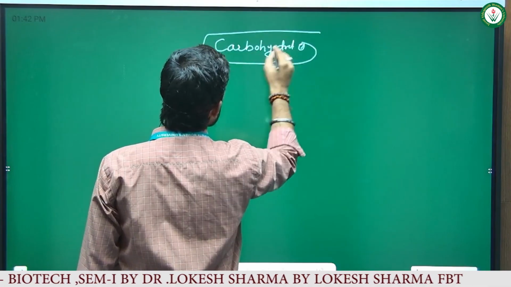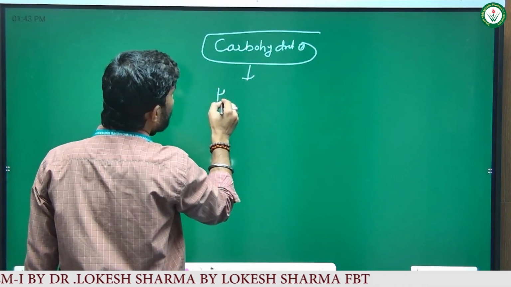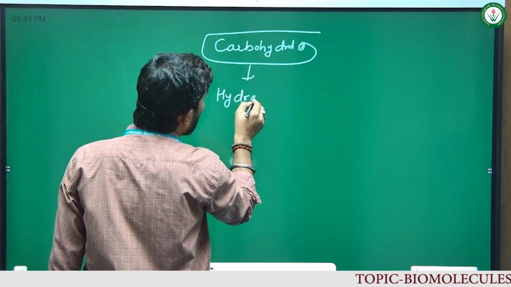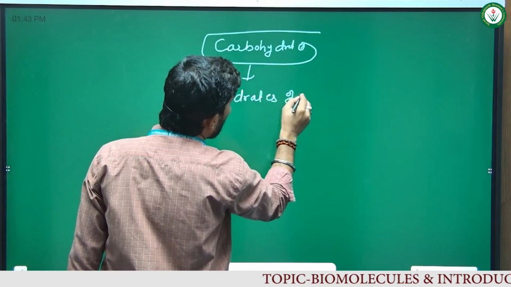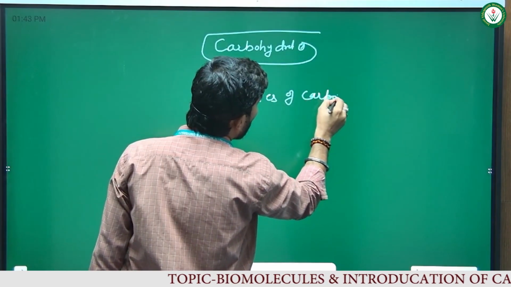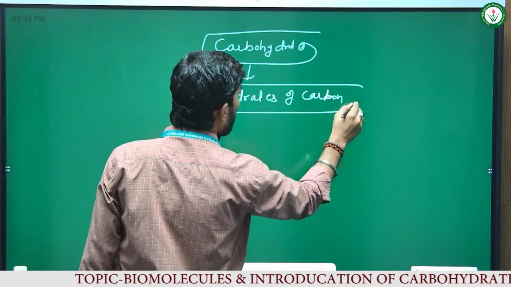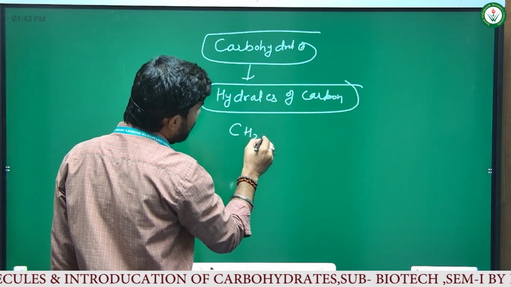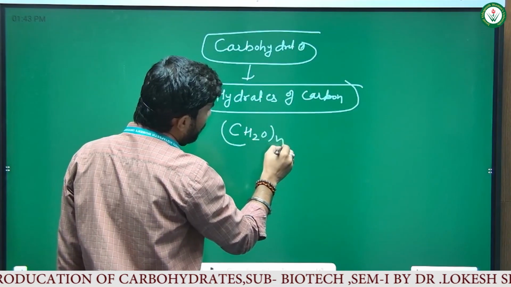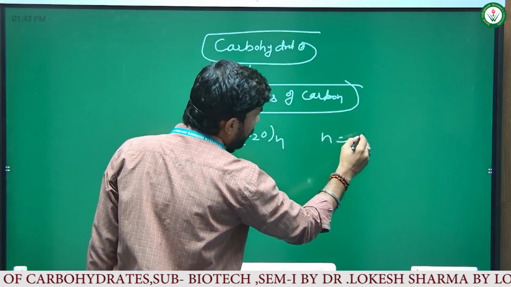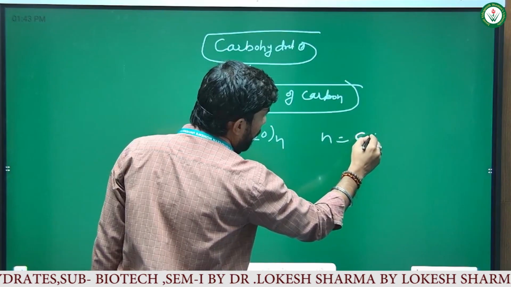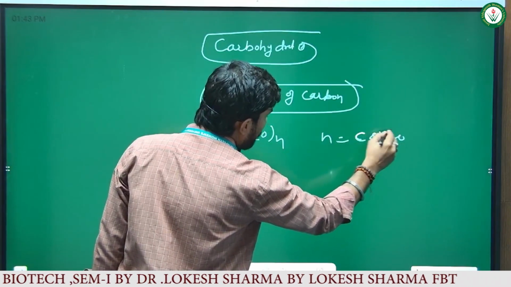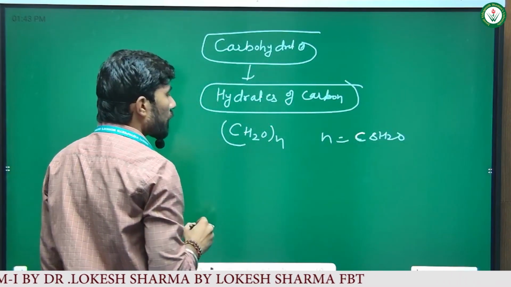Carbohydrate is generally known as hydrates of carbon. The empirical formula of carbohydrate is CH2O n, where n is the number of carbon and water units.